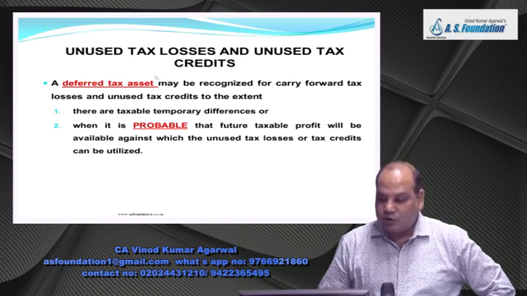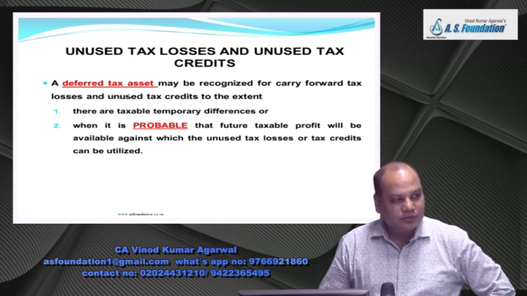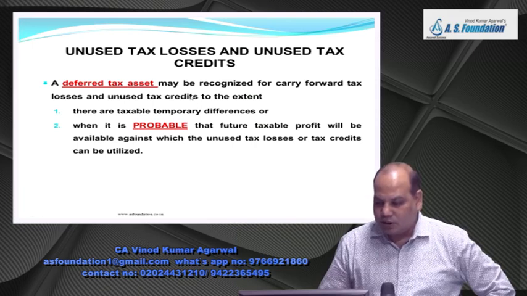So therefore, if there is going to be future tax saving, the standard says you have to create DTA. You are allowed to create DTA, but there are some conditions. DTA may be recognized for carry forward tax loss or any unused tax credit, that is those which you can set off in future period.